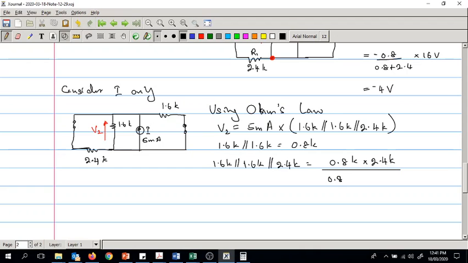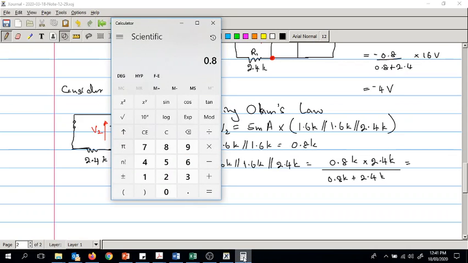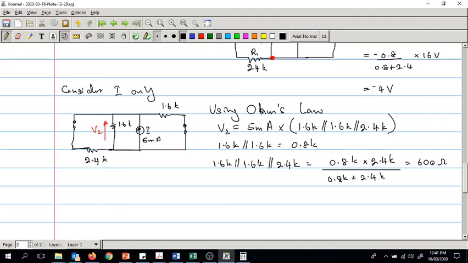So that is 0.8k plus 2.4k, which, if you use the calculator again, 0.8 into 2.4 divided by 0.8 plus 2.4, is 0.6k, so 600 ohms.